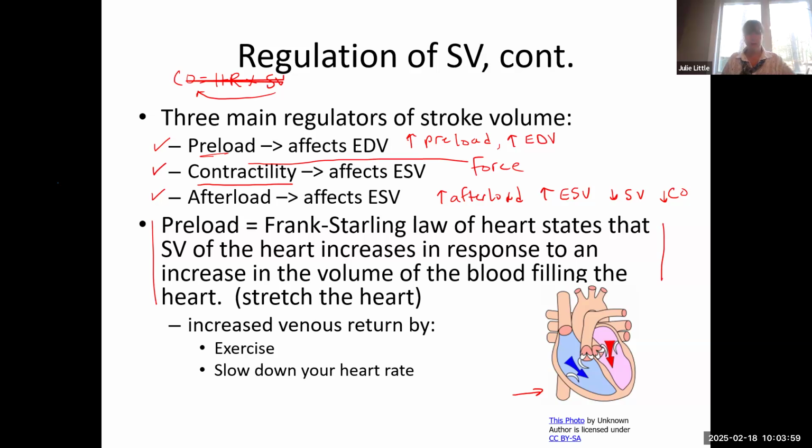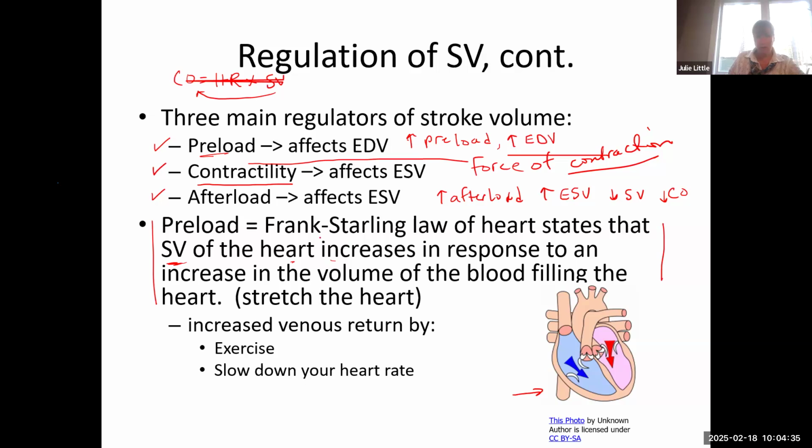So with preload, stroke volume increases because you've stretched the heart. Contractility is different. If you've ever felt your heart beat out of your chest, that's contractility. That is the force of contraction, and it is not the same thing as preload. This is usually done by medications or by hormones like epinephrine if you're in fight or flight.